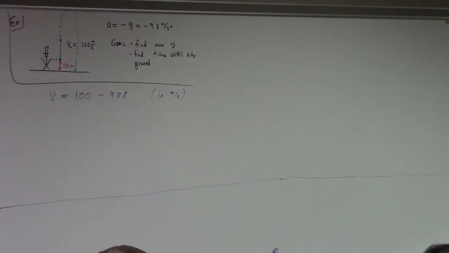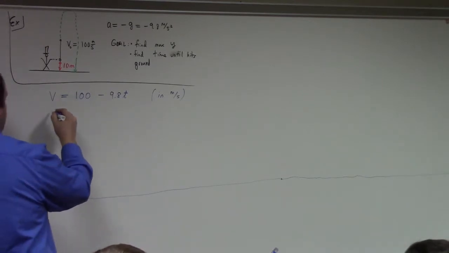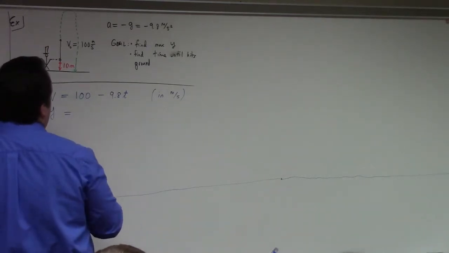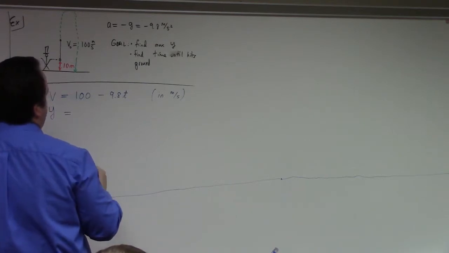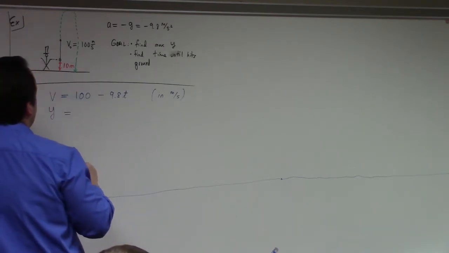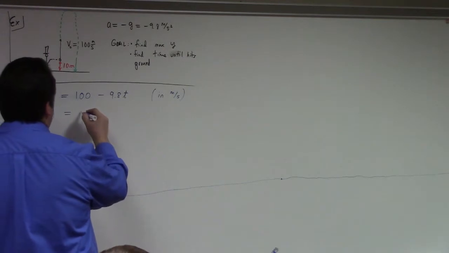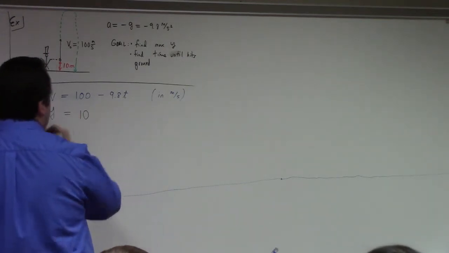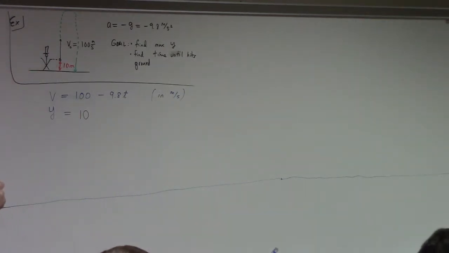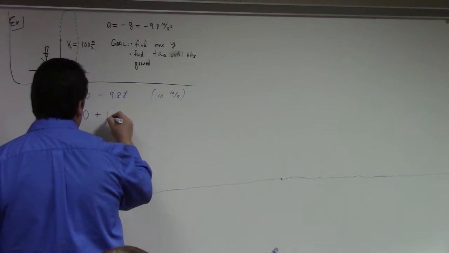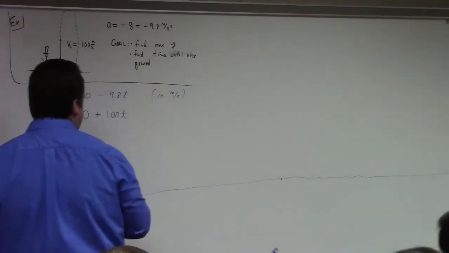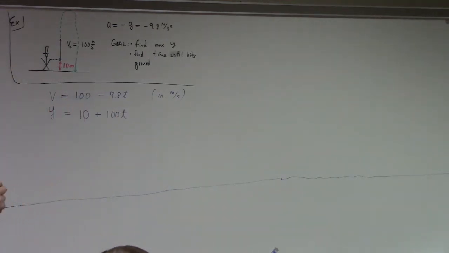What else can we say? What's y as a function of t? Well, at time 0, which I'm assuming is the time when the ball is thrown, y0 is 10 meters, but I'll just write 10 and understand that y is in meters. That's its initial position. Then plus 100 times t, because it's going 100 meters per second up to start with.